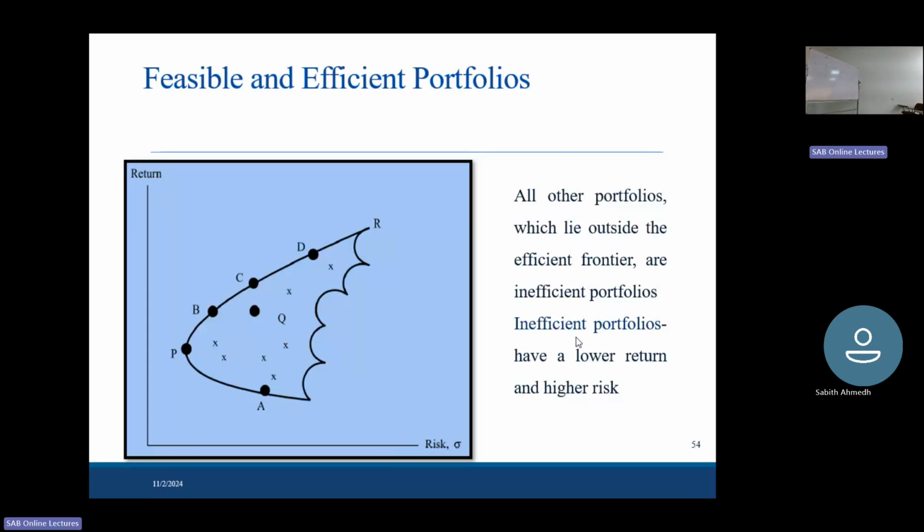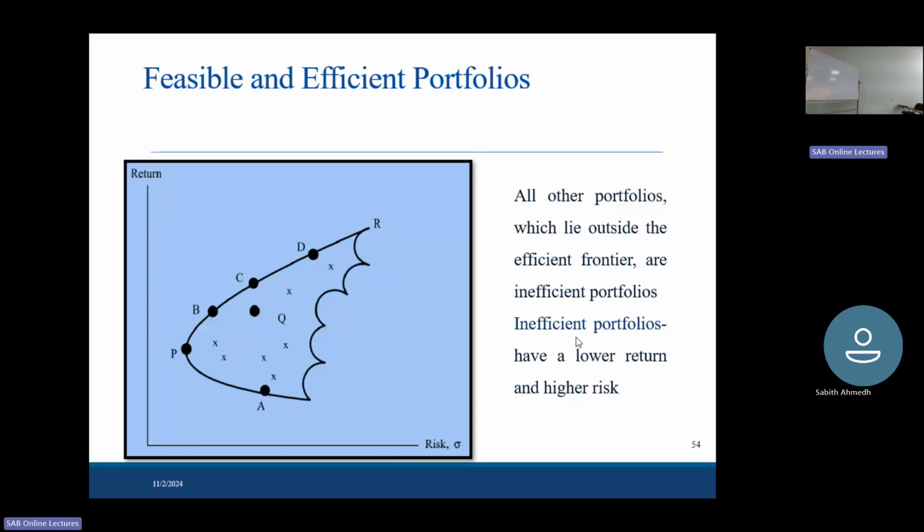So that Q is not the efficient portfolio because now this risk level, this is the risk of this portfolio. If you select this Q, this is the risk of this portfolio. For this risk level, you can go up to C. So as a rational investor, you always try to get the maximum return at a minimum level of risk.